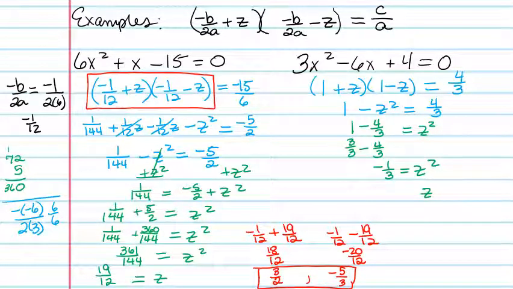So I'm going to get z is the square root of negative 1/3, okay, which is 1 over the square root of 3, and it has an i on it, and then I need to rationalize it.